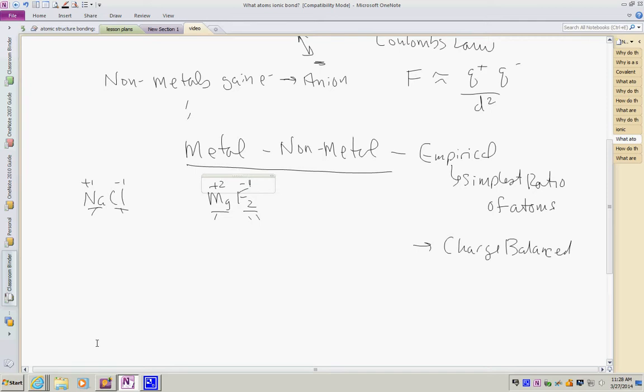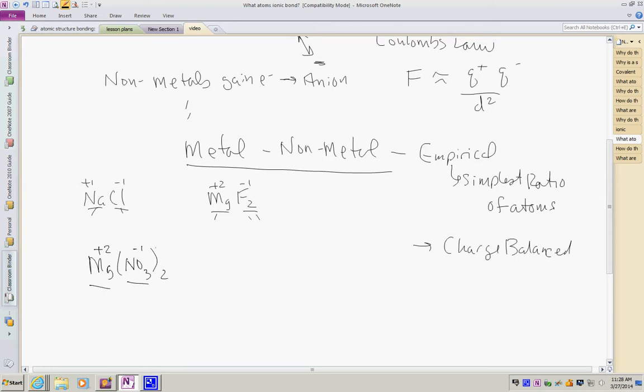Is there a possibility where it isn't a metal and a nonmetal? Let's try magnesium nitrate. Again, it's charge balanced. Nitrate has a minus 1 charge, so there would be 2 of them to charge balance the magnesium. This is a metal cation, and this is an anion, a unique substance that happens to have a negative charge.